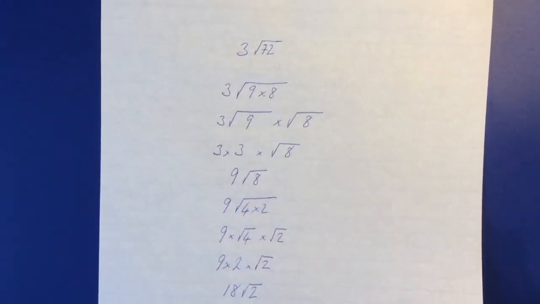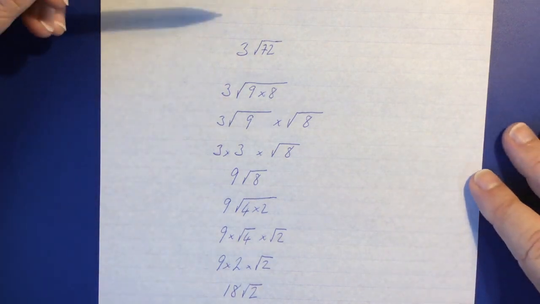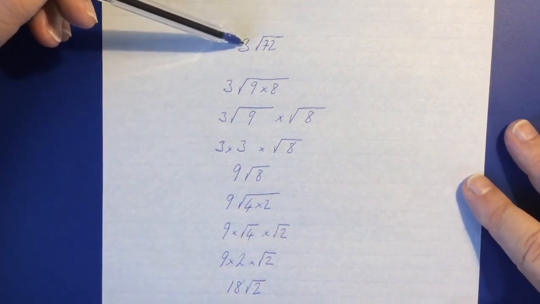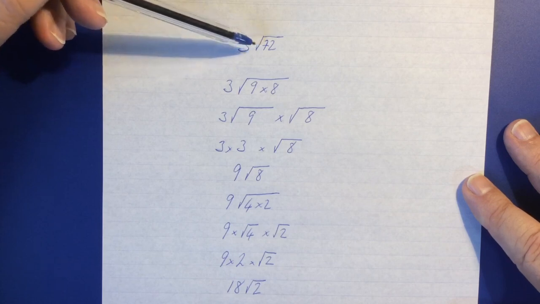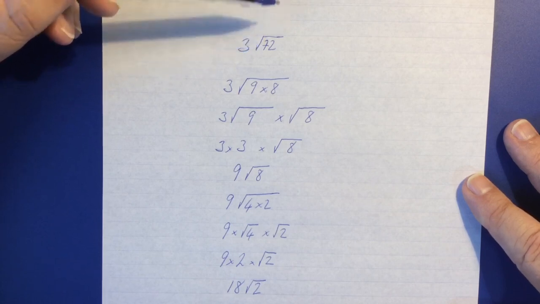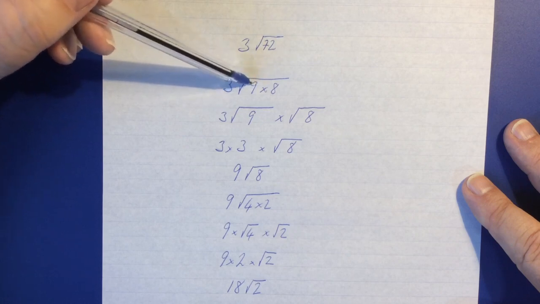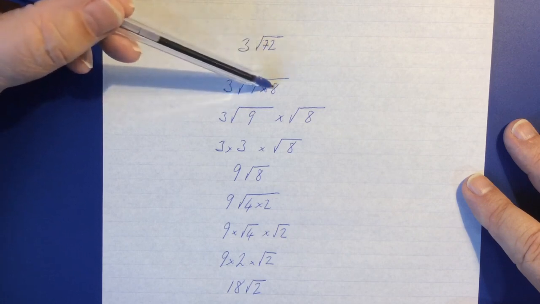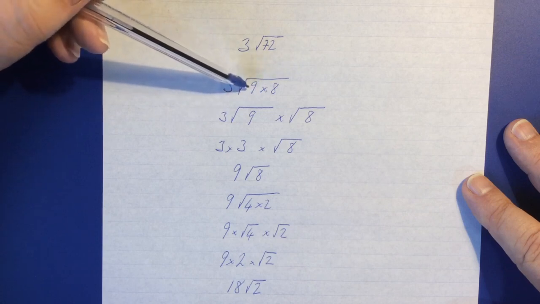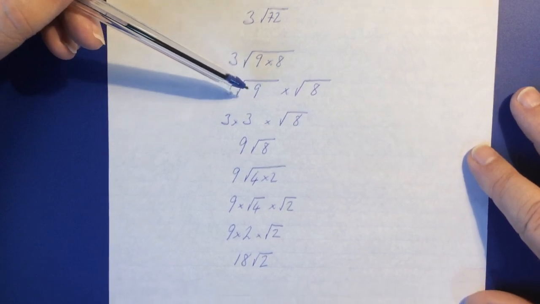Let's try something a little larger and slightly more complicated. Okay, so we have 3 times the square root of 72, and we're going to simplify this. So the first thing we do is we find some factors of 72, 9 and 8. This looks promising because we can find the square root of this, and we will do eventually.